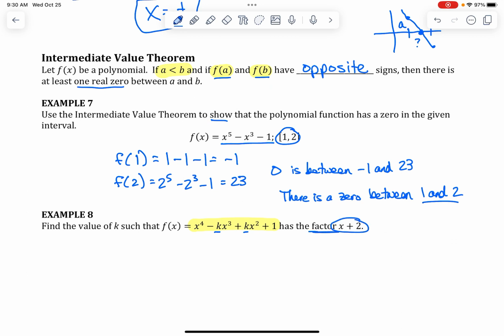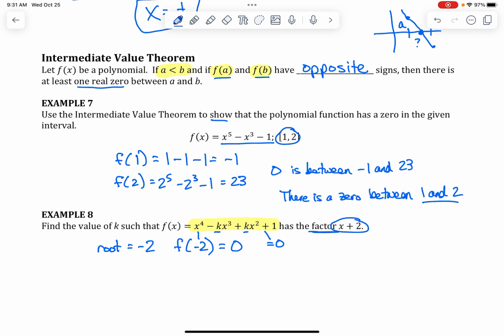We're telling you that x plus 2 is a factor, which means the root is -2. More importantly and more specifically, when you plug in -2, you will get 0. Right? That's what a factor is. When you plug in the root, you get 0. So this is going to equal 0 when x is -2.